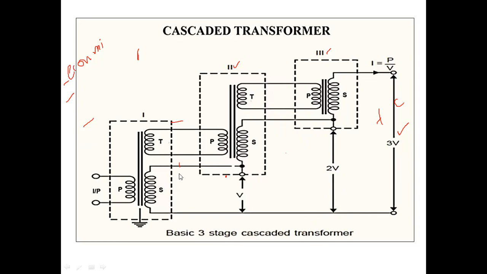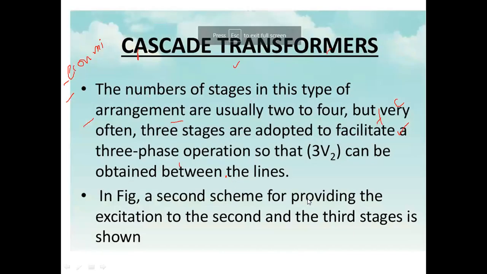We have obtained V over here, the same as we got over here: V plus V is 2V, 2V plus V is 3V. So that is actually the summation. That is why, for this purpose, the installation of the insulator is mandatory.